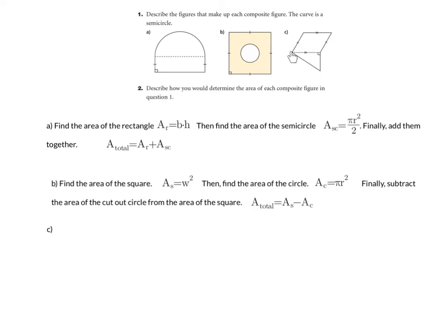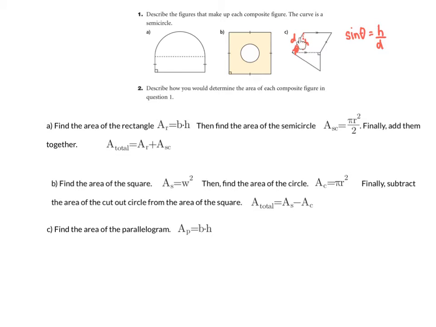Here I would take the area of the parallelogram, which will just be the base times the height. If it doesn't give me the height, then I'll have to find out what angle this is, and I can use SOHCAHTOA. If it gives me this side length, I could use SOHCAHTOA to find this height here. Right?